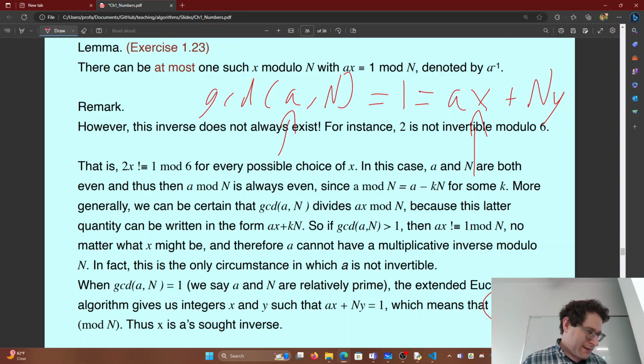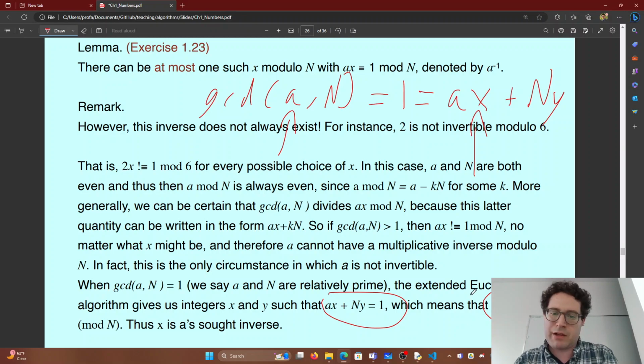Now, why is that? Well, we get it from the equations.